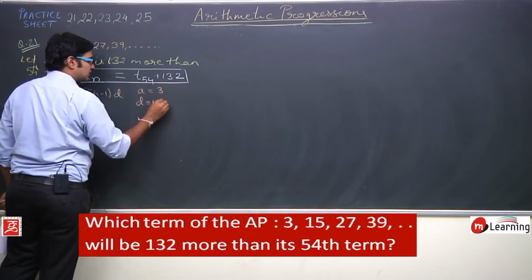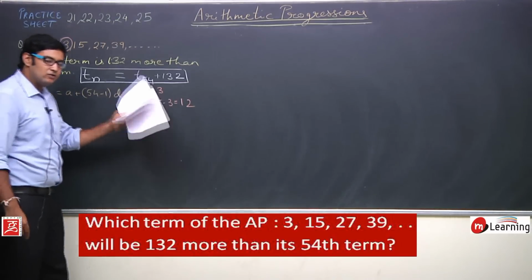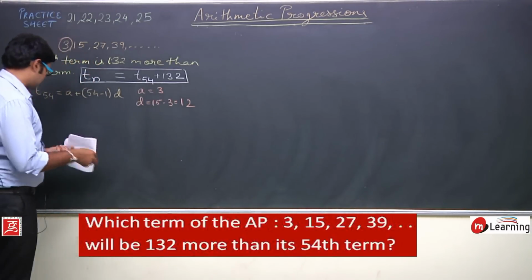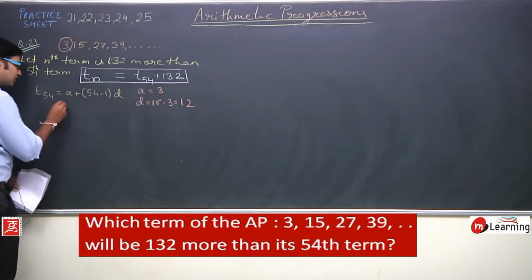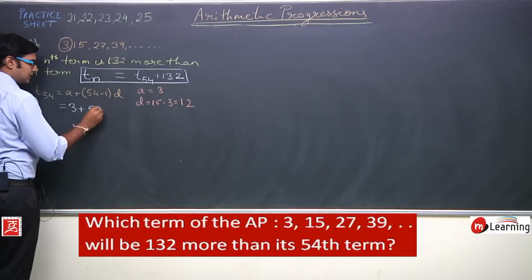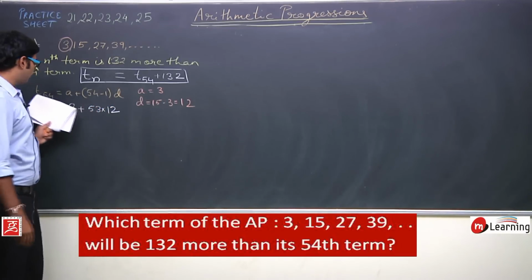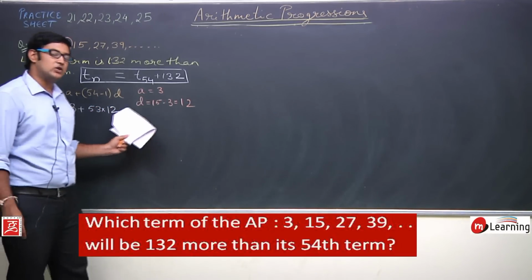D is 15 minus 3. It will give you 12. So the value of D is 12, the value of A is 3. It means T54 is equal to A, that is 3, plus 54 minus 1 is 53, into D, which is 12. So the 54th term is 3 plus 53 into 12.